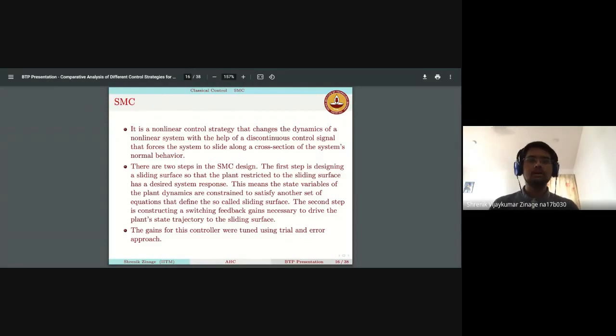I have a sliding surface, which would be in terms of derivatives of error, and I would be equating the derivative of the sliding surface to a switching oscillatory behavior, which is given by minus kp times signum of s. So nothing is changing. The only things that would be changing are kp and k.